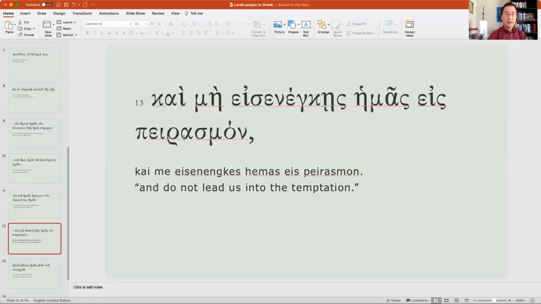Peirasmon is temptation. So the meaning is, do not lead us into temptation. That's a good prayer. One more time, repeat after me. Kai me eisenenkēs hēmas eis peirasmon. Good. So far, so good.